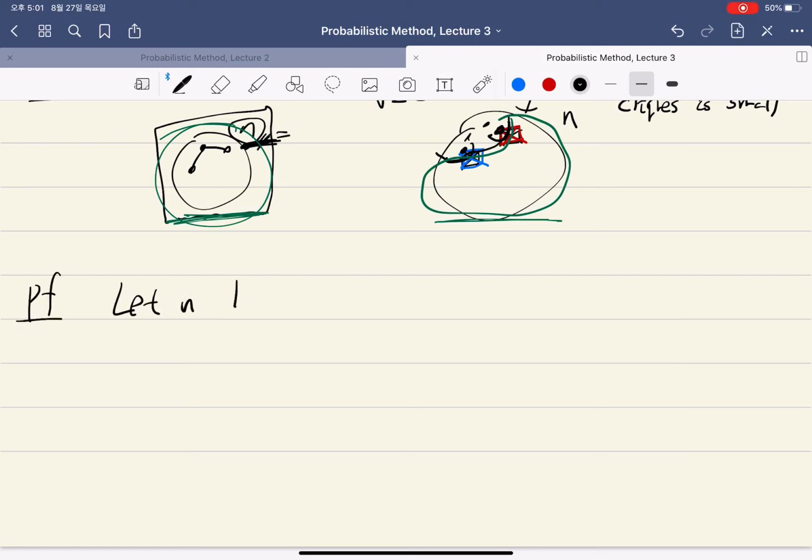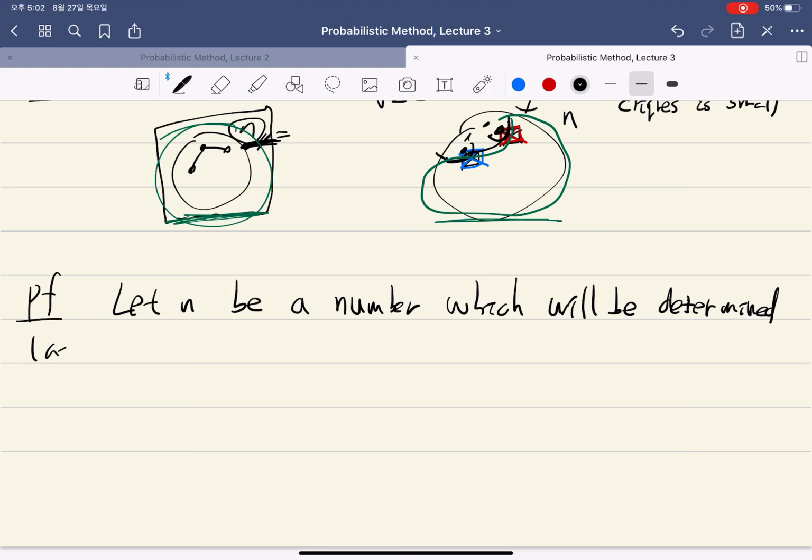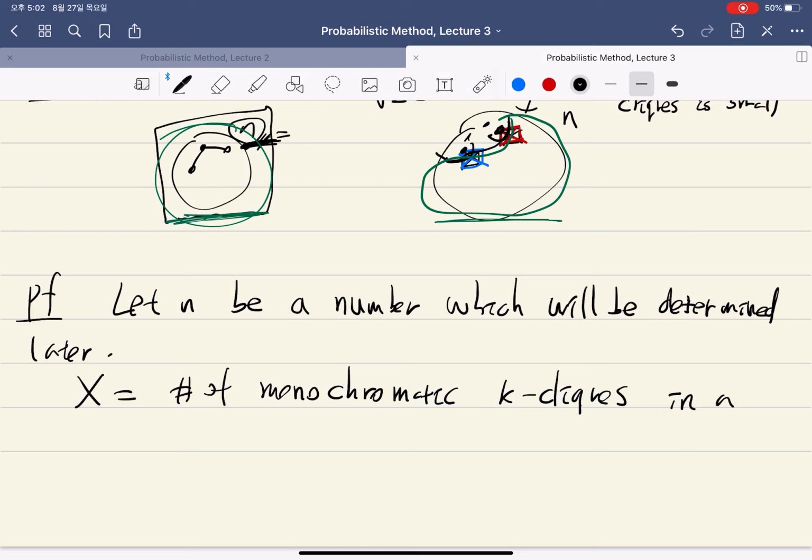So let n be a number which will be determined later. And let X be the random variable which is the number of monochromatic cliques of size k in a random 2-coloring.